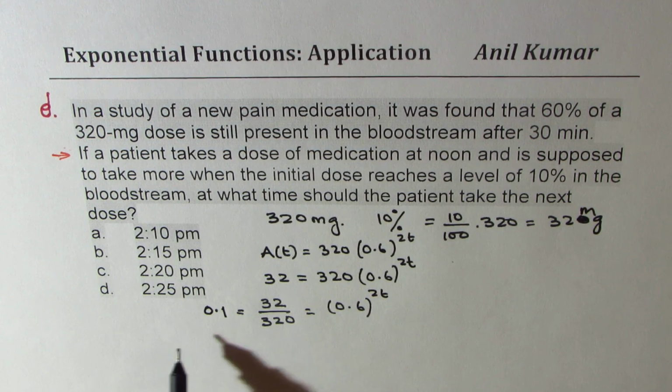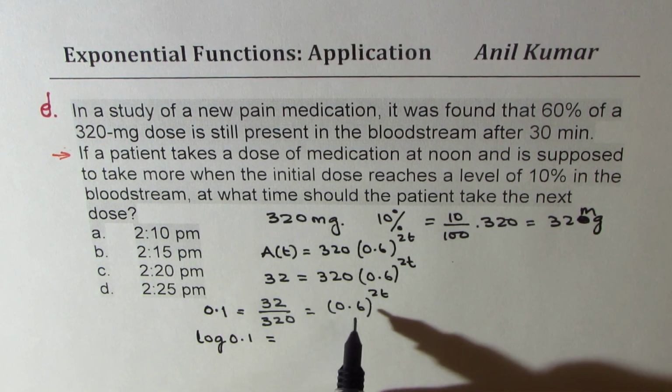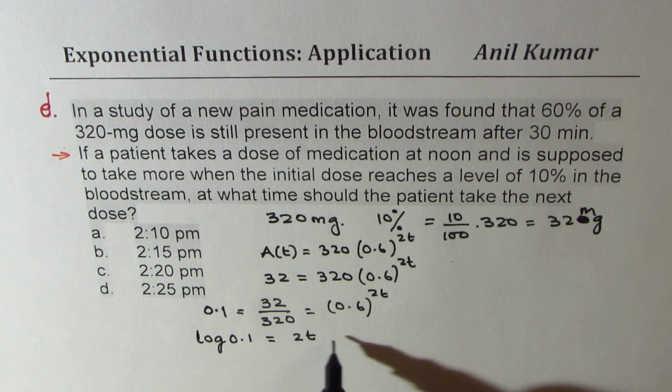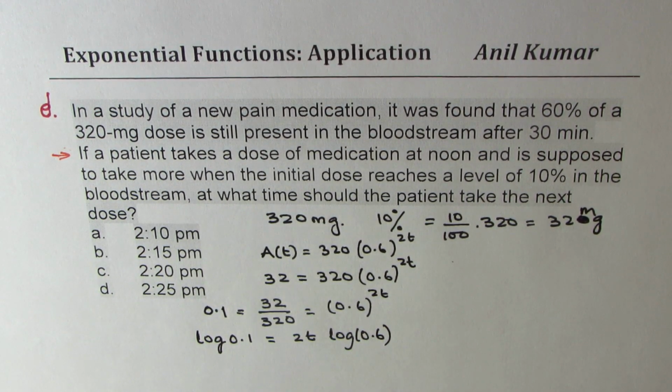Now at this stage, we can take logarithms on both sides, correct? So we can do log of 0.1 equals, when you take log, you get 2t log of 0.6, correct? So we can now isolate t and find the time.